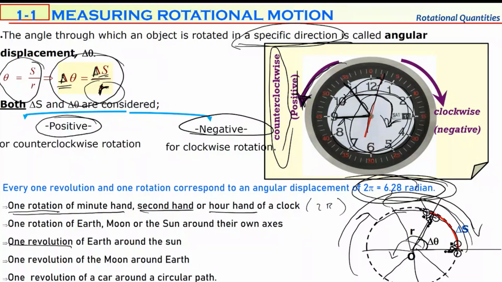6.28 radian. One rotation of the Earth, Moon, Sun around their own axis. So Earth is spinning, Moon is spinning, Sun is spinning about their own axis. Every one rotation again corresponds to 2 pi radian. One revolution around the Sun: Earth is revolving around the Sun like this. Every one revolution again corresponds to 2 pi radian.